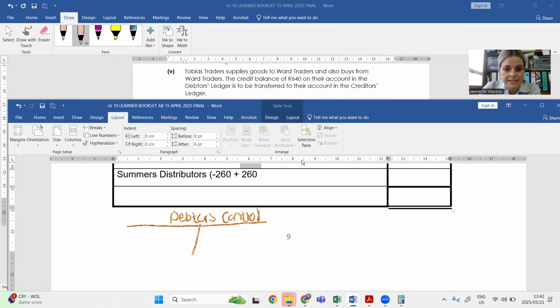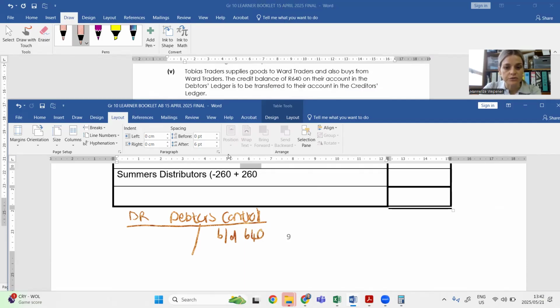And in the debtors side of his account, he has a credit balance. So brought down 640 Rand. So in fact, he doesn't owe you money, you owe him money. Because remember, debtors who owe you money have debit balances. This guy over here has a credit balance.